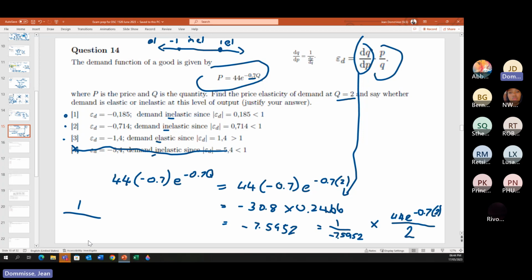So let me just write this part over again. It's minus 7,5952. When I work out 44 e to the power of minus 1,4, I get 10,8503, which I need to divide by the Q still.